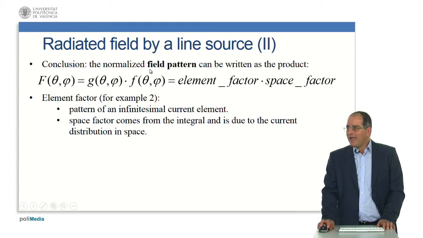So the normalized field pattern will be given by the product of the elementary factor times the corresponding space factor. These conclusions will be general for any kind of line source, and we will make use of this in the following parts of this MOOC on wire antennas.